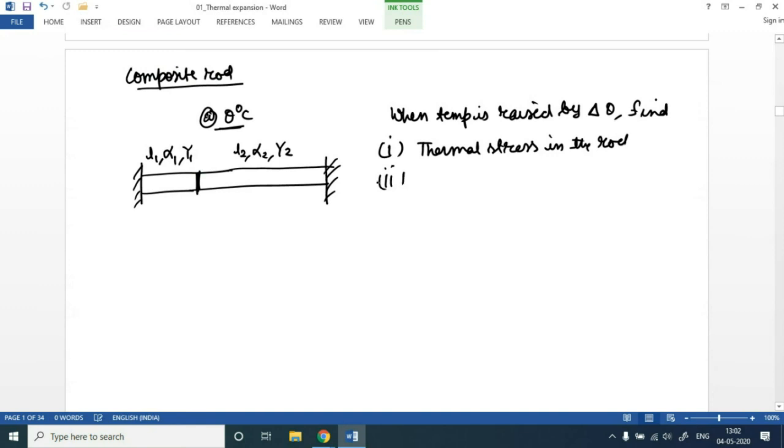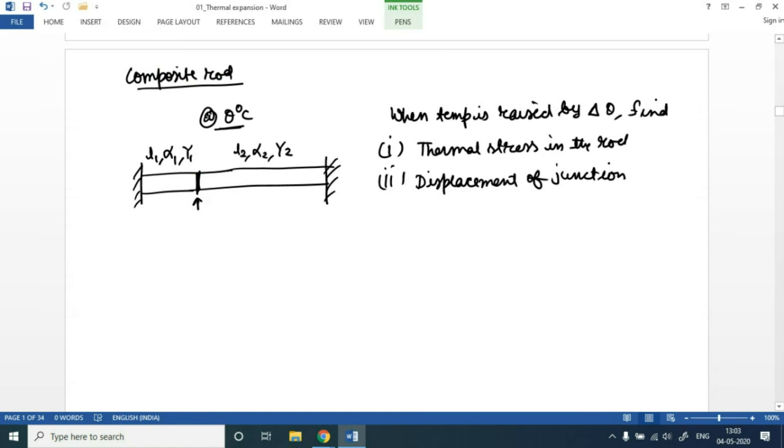And see, this point is the junction. Due to this thermal expansion, both the rods will try to expand differently. So there would be some displacement of this junction also, and we wish to find out that quantity, that is the displacement of the junction. These two things we want to find out over here.